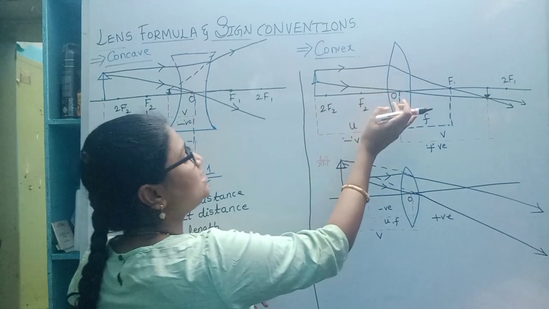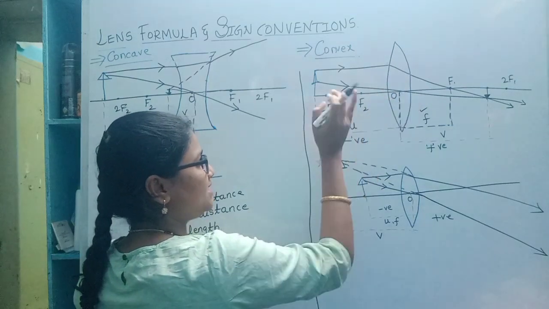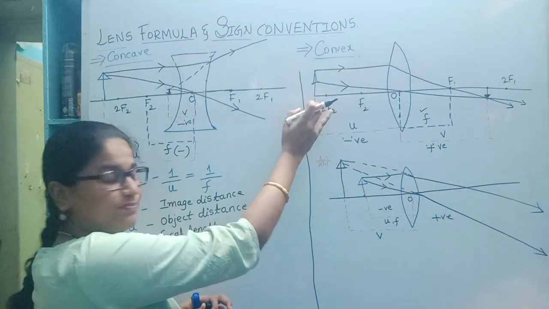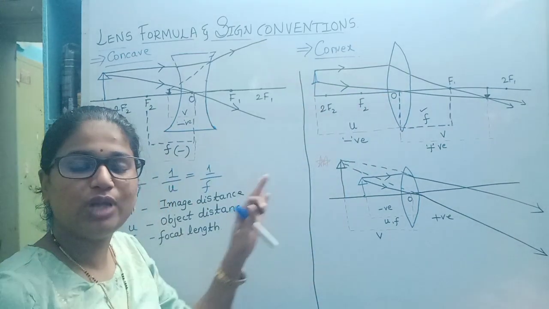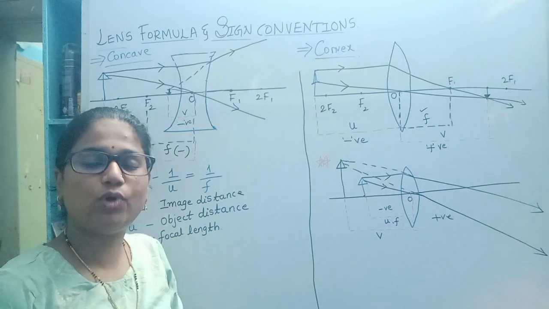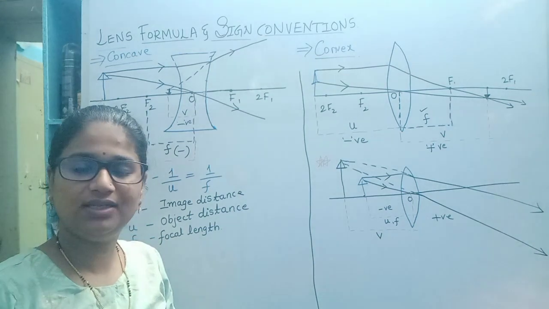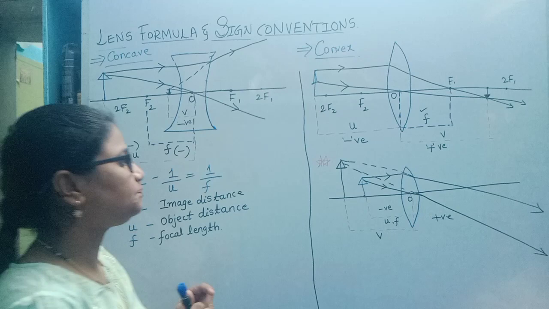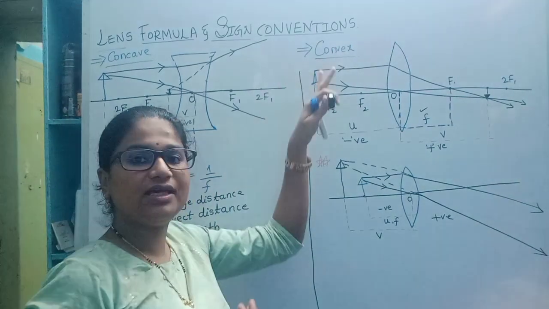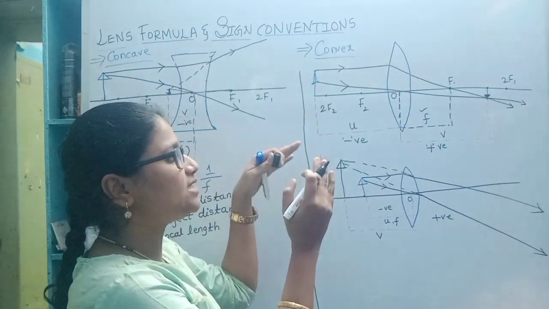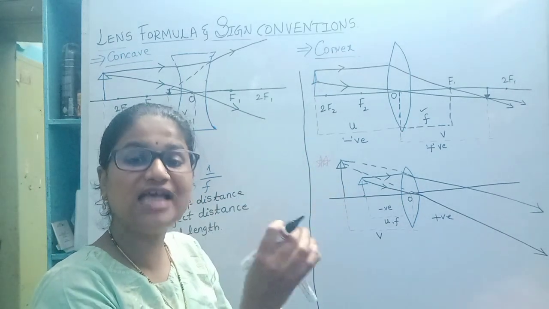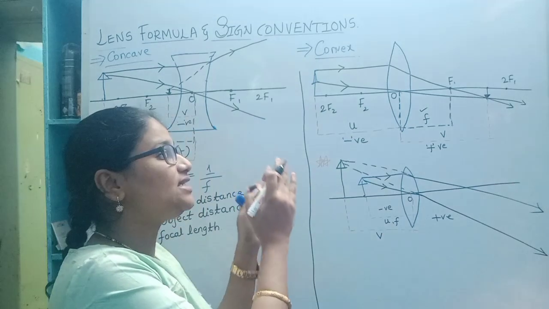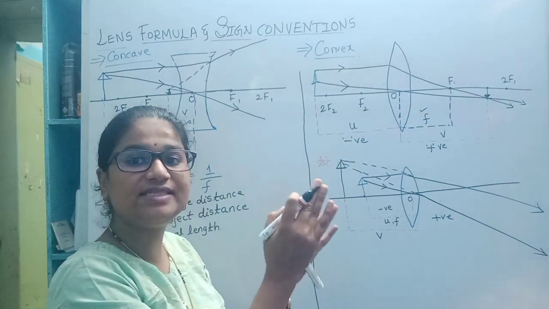Next, the distance between the optic center and the object where it is placed is the object distance. So now we know what the image distance, object distance and focal length are. Now here we have to consider the object distance, image distance and focal length as positive when they are in the direction of the incident ray.